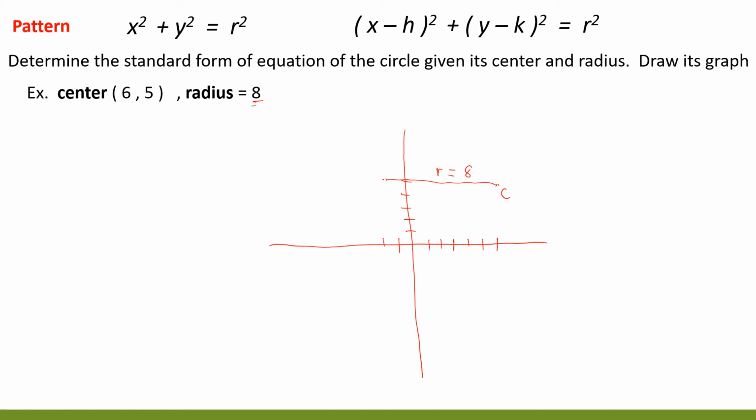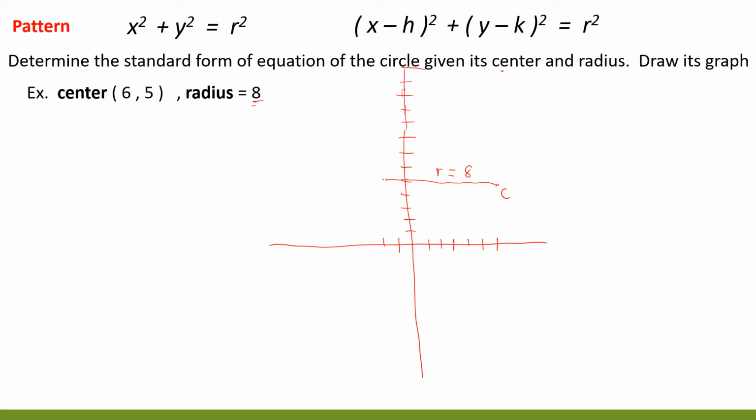Sabi nga natin, kanina, pwede kayong tumaas ng 8 kung ayaw nyo dito pakaliwa. So, subukan natin. 1, 2, 3, dagdagan, 4, okay, then 5, 6, then we have 7, 8. So, approximately, dito sa case na to, yun.